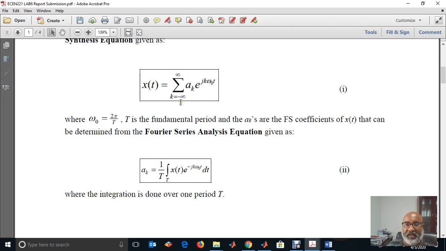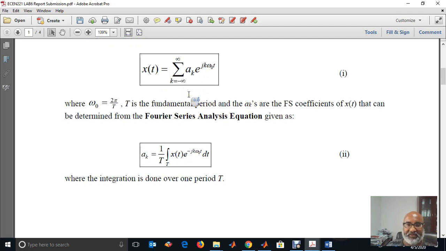That means, for example, if I have k max equal to 10, it will become the summation from minus 10 to 10 of a_k e raised to jk omega naught t. So we will build the signal using this k max. But if we choose another, bigger k max, for example 50, then it will be the summation from k equals minus 50 to 50 of a_k e raised to jk omega naught t.